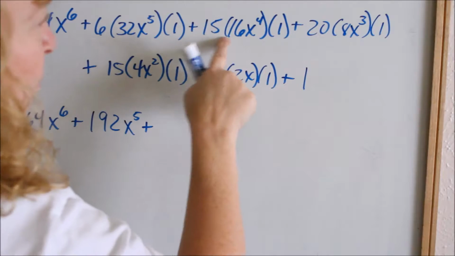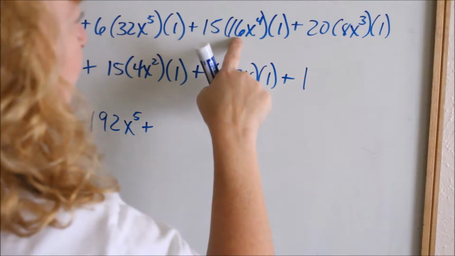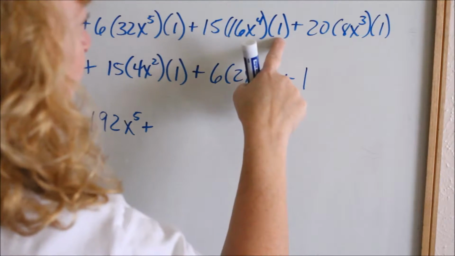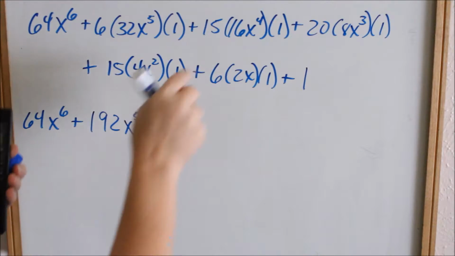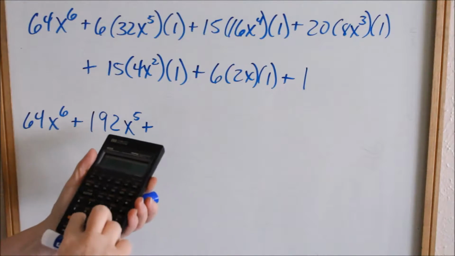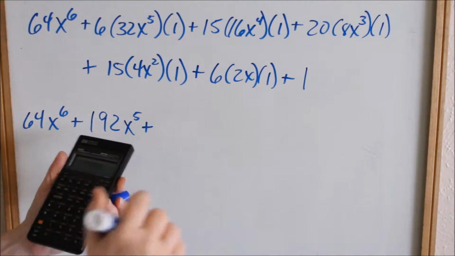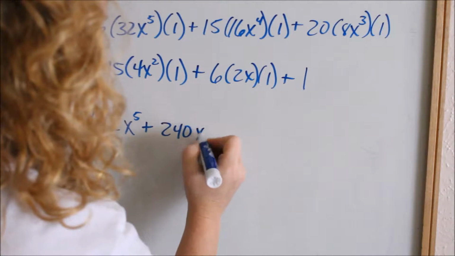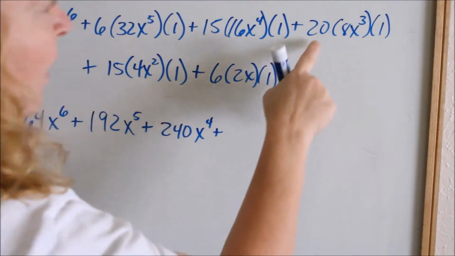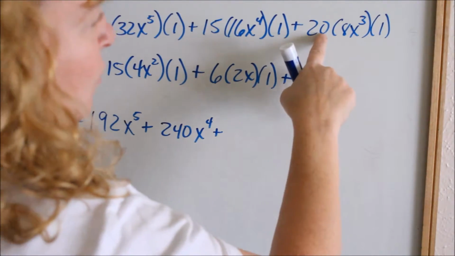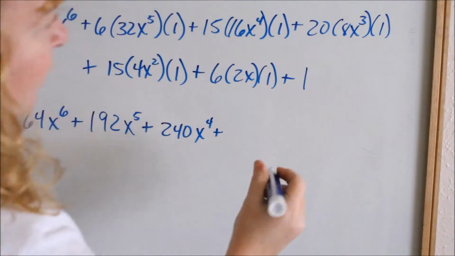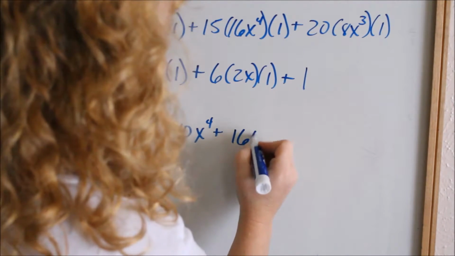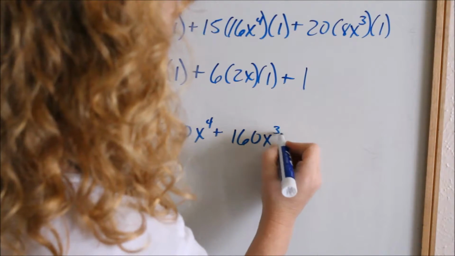Now let's come over here, plus. This means 15 times 16 times x to the 4th times 1. So let's just combine all of our numbers together. 15 times 16, 240 times 1. And then you still have your x to the 4th. Combining our numbers, 20 times 8 is 160, x cubed.